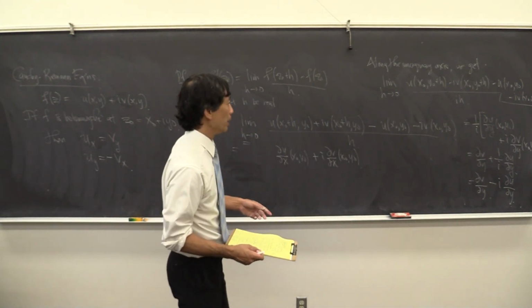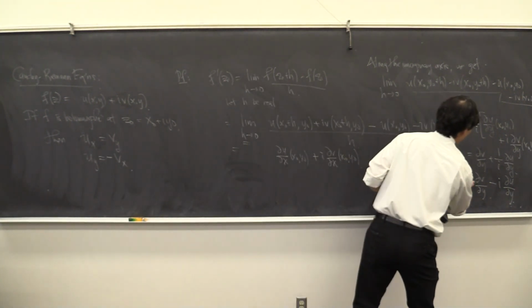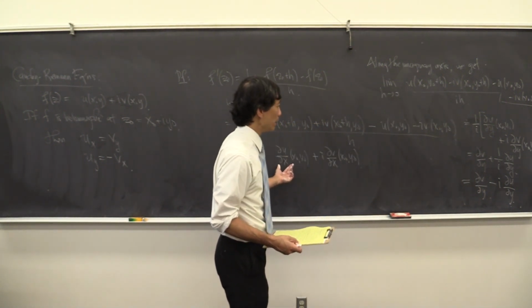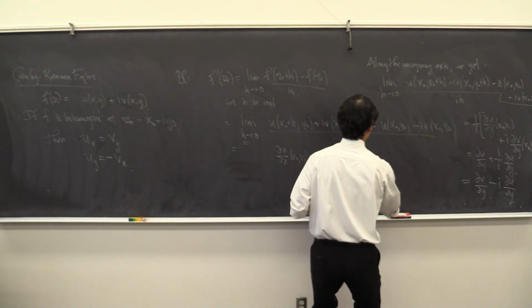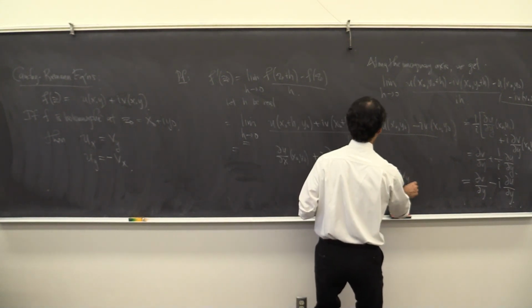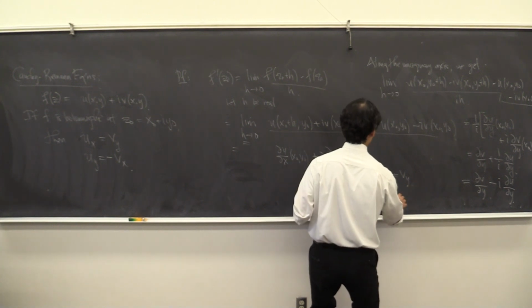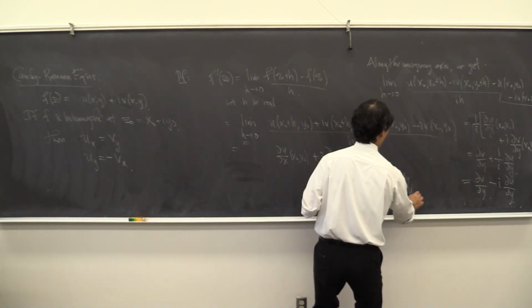Right, and then setting the real parts equal to each other gives us that partial u with respect to x is partial v with respect to y, and setting the imaginary parts gives us that v sub x is equal to negative u sub y.